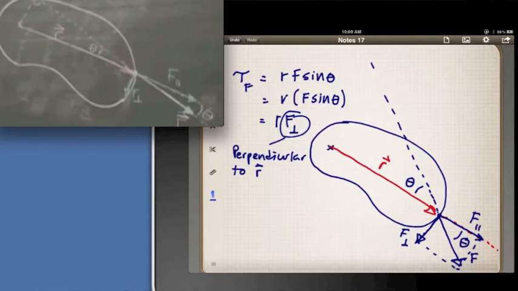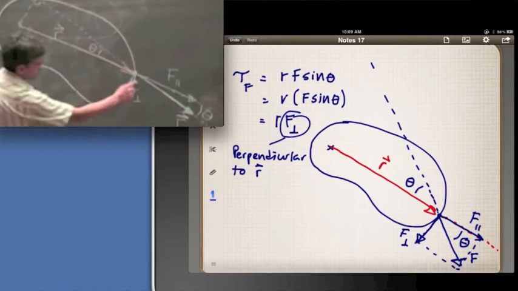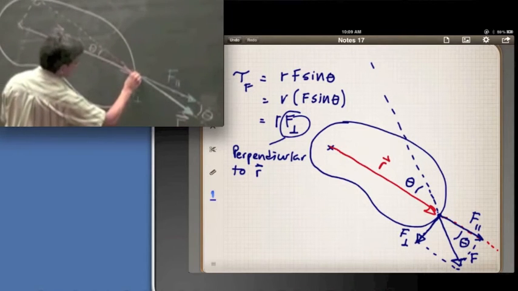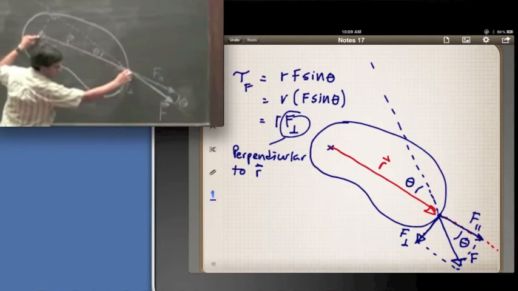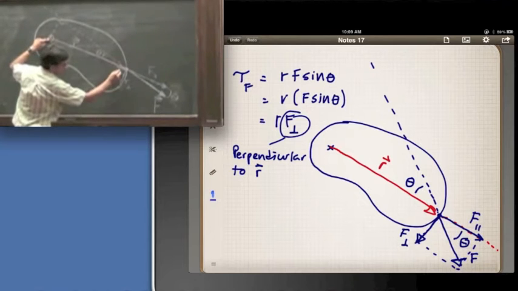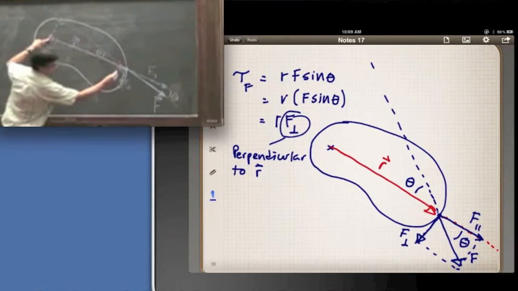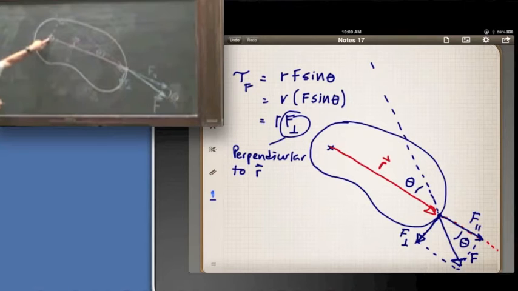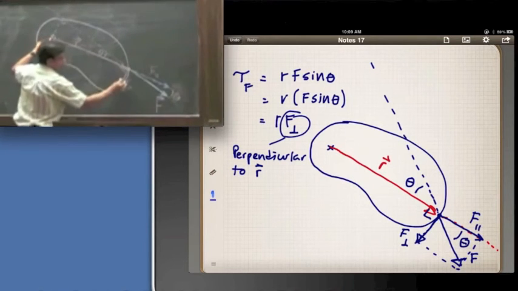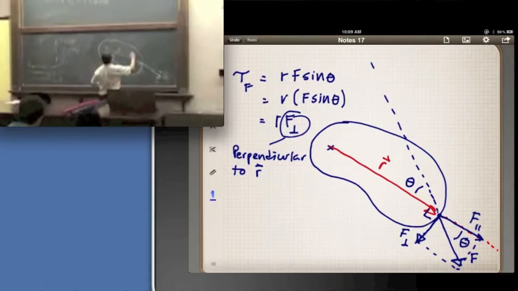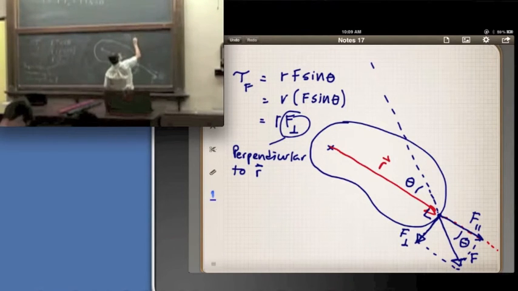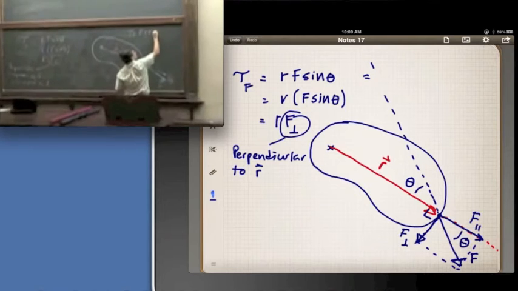So what this equation for torque says, the way we've discussed it so far, is that the torque that this force F acting at this point will cause about the axis of rotation is only due to the perpendicular component of F with respect to r. So this angle is 90 degrees, so it's only due to that component. But notice that this equation can be written in a different way. You can write it also as torque equals F r sine theta.